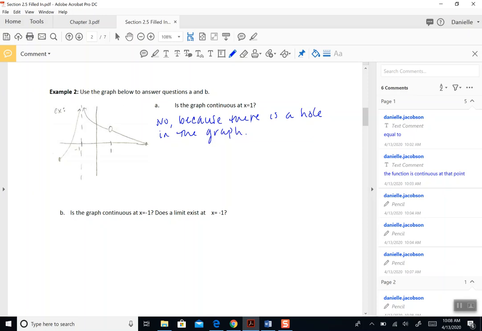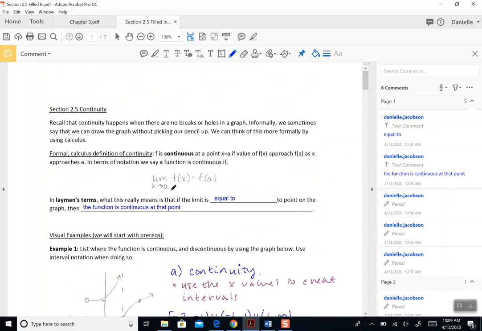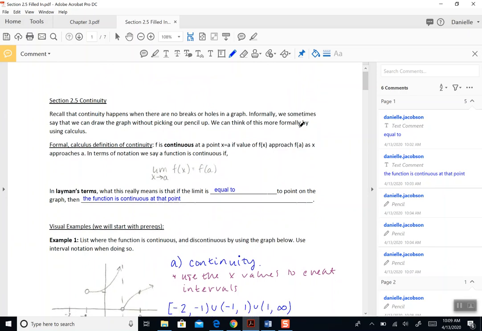If you wanted to use calculus to answer this, what you would have to do is look at that definition of continuity. So notice that from up here, a function is continuous if the limit that it approaches is equivalent to the y value or the f of a value.